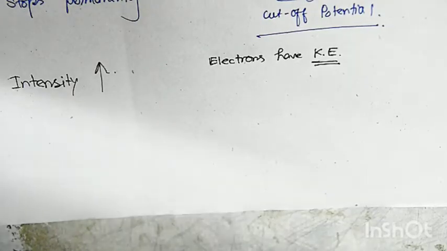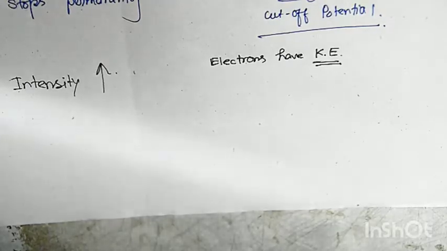But until and unless the kinetic energy is equal to or lesser than the Coulombic potential, the electrons will keep on flowing, because as they have more kinetic energy, they can move and reach the surface.